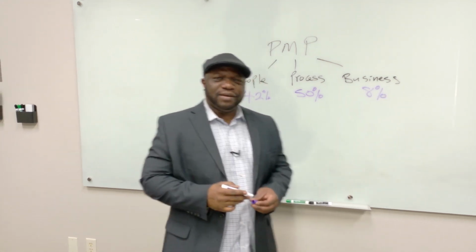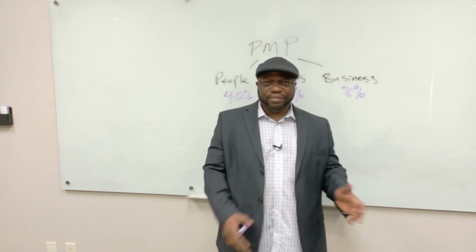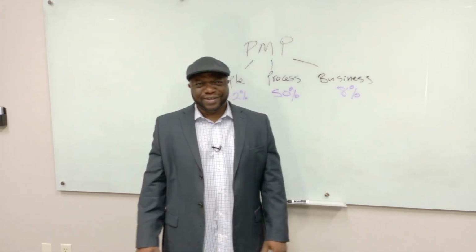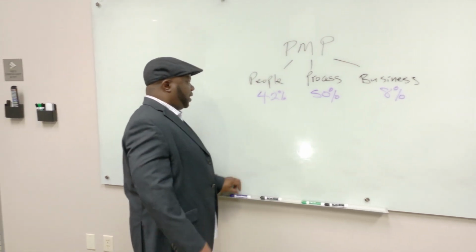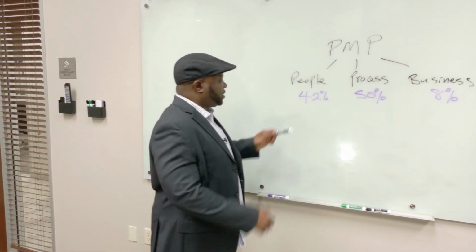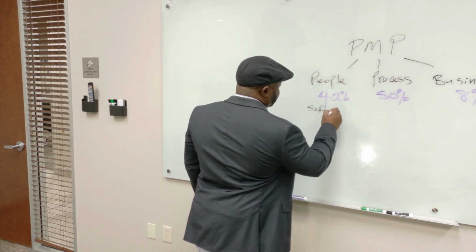Now, you may ask, but Phil, what do all these mean? What do you mean by process? What do you mean by people? What do you mean by business? So let's break it down real quick. When you think about the people domain, this is very soft skills heavy. Soft skills.